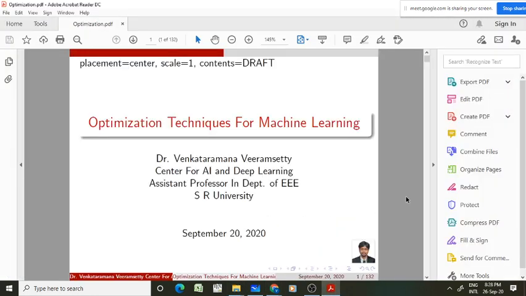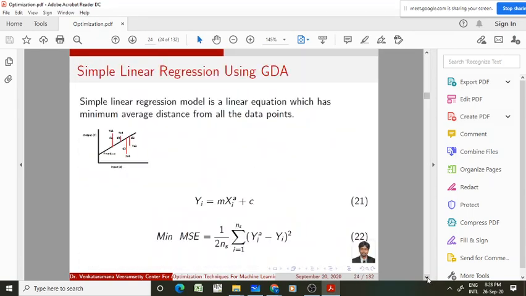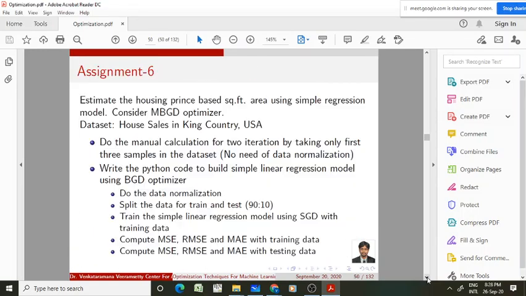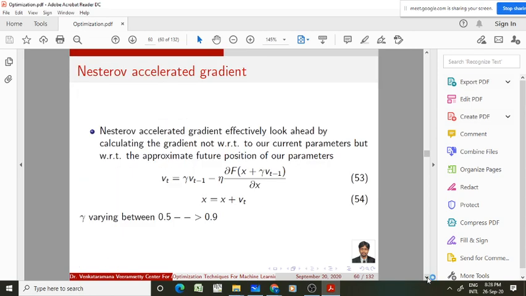So we are moving to the Nesterov accelerated gradient, right?